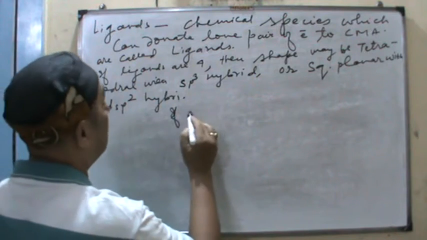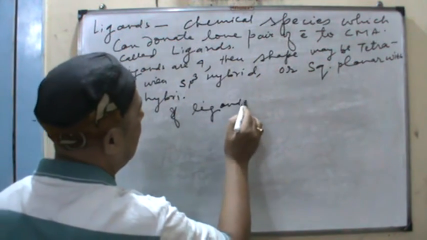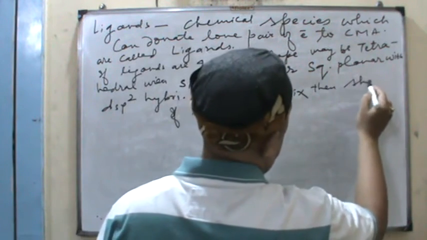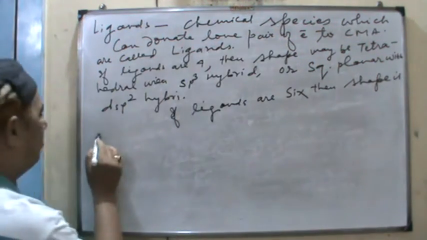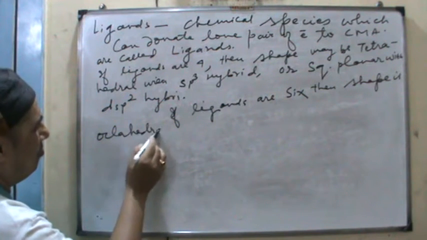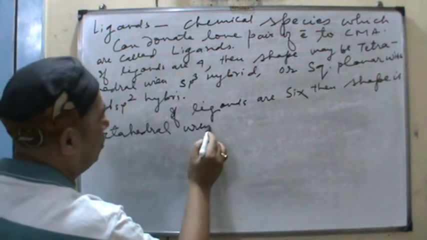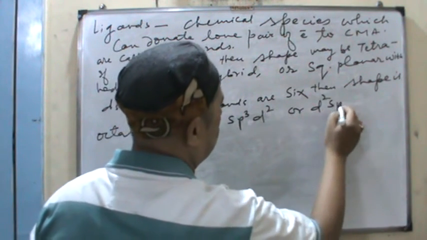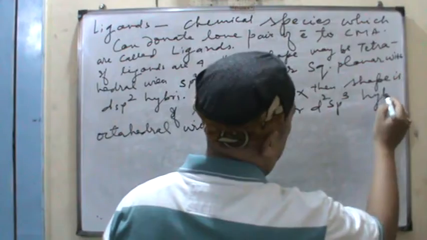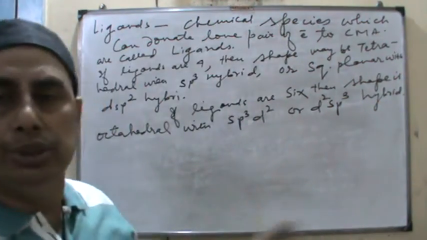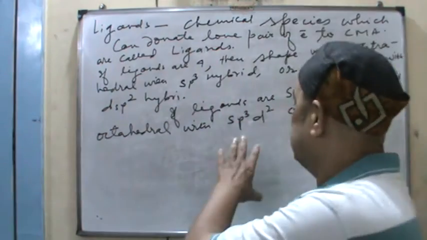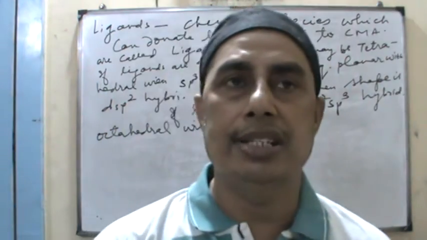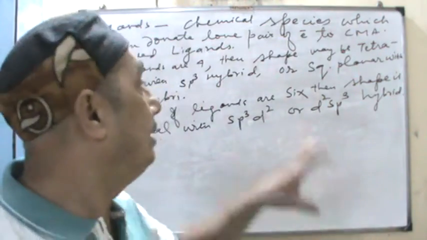If ligands are 6, then shape is octahedral with sp3d2 or d2sp3 hybridization. So there must be some difference between sp3d2 or d2sp3 hybridization. We will discuss it when I discuss the valence bond theory. Then we will discuss in detail.